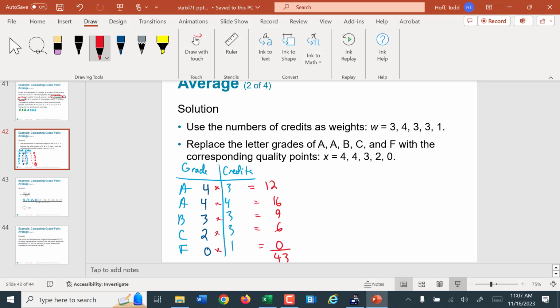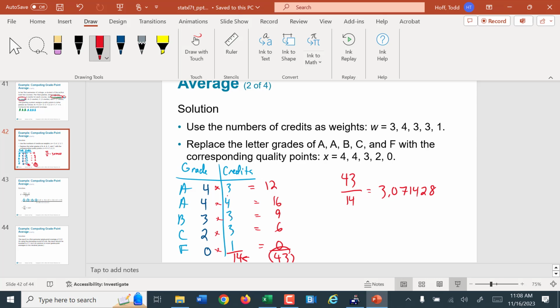Well, what do we divide that by? We have to divide by the number of credits. Each credit got a GPA. So 3 plus 4 plus 3 plus 3 plus 1 gives us 14. So the average GPA there is 43 total GPA points divided by 14 credits, which is going to give us 3.071428 approximately.